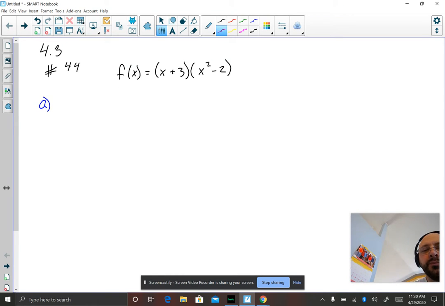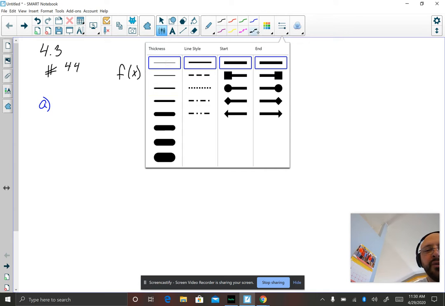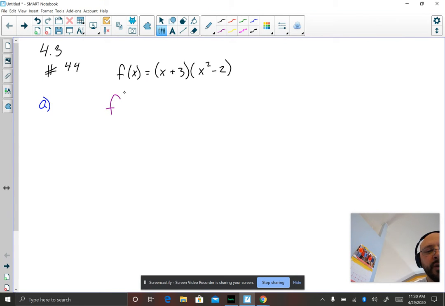So, number 1, we're still going to figure out the derivative by using the product rule. It doesn't say find the derivative. You need to know that you do that. The derivative of the first part is 1 times the second part, plus the first part times the derivative of the second part.